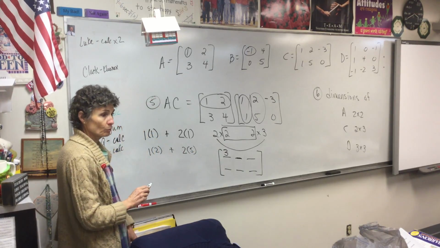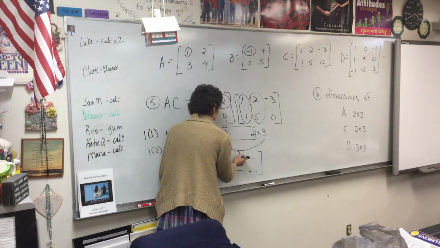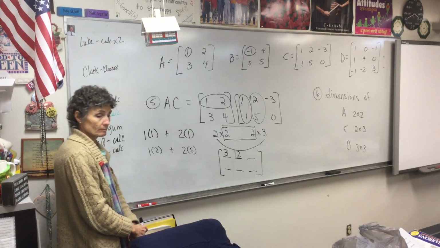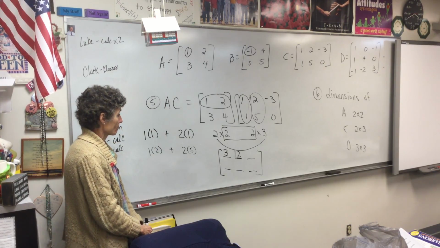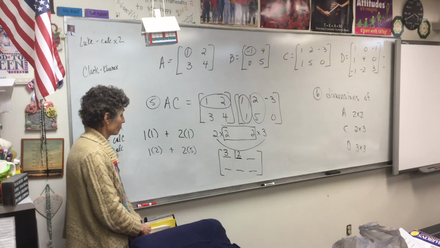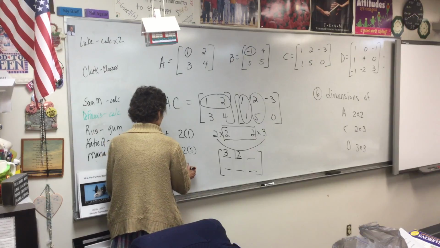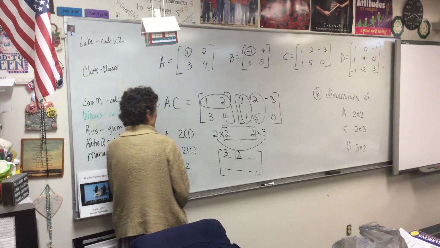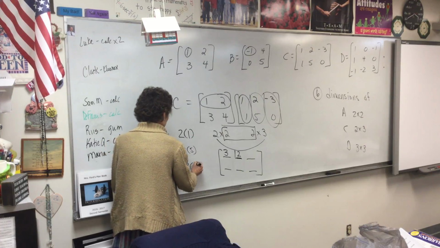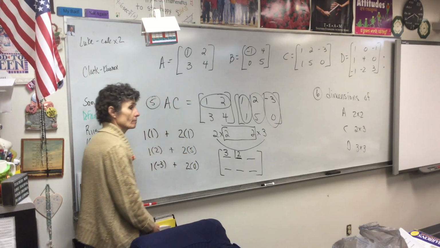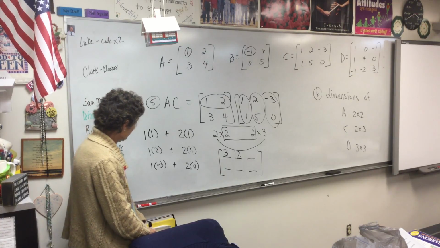So that number would be a 12. Now I'll take my row 1 numbers times my column 3 numbers. So that would be -3.